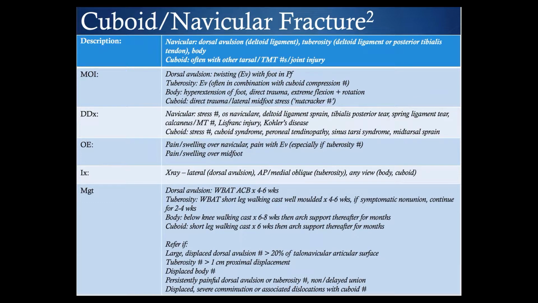Certainly, referral is indicated for displaced fractures of the navicular body, non or delayed unions, persistently painful dorsal avulsions or tuberosity fractures, and tuberosity fractures that demonstrate greater than 1 centimeter proximal displacement, as well as large displaced dorsal avulsion fractures. Certainly with other associated injuries, referral would be potentially indicated in those cases as well.